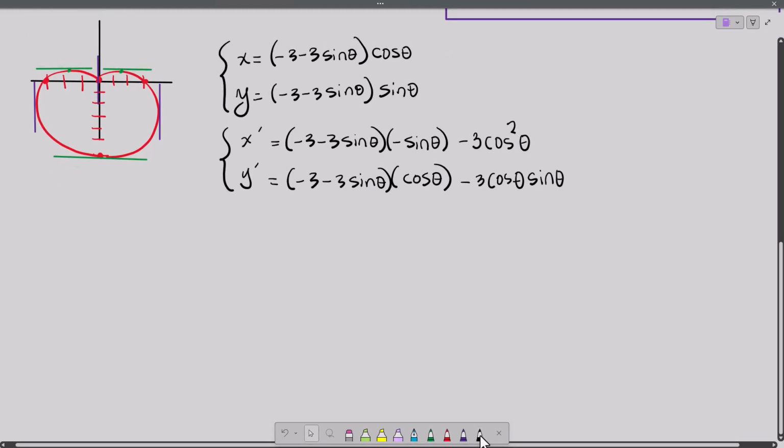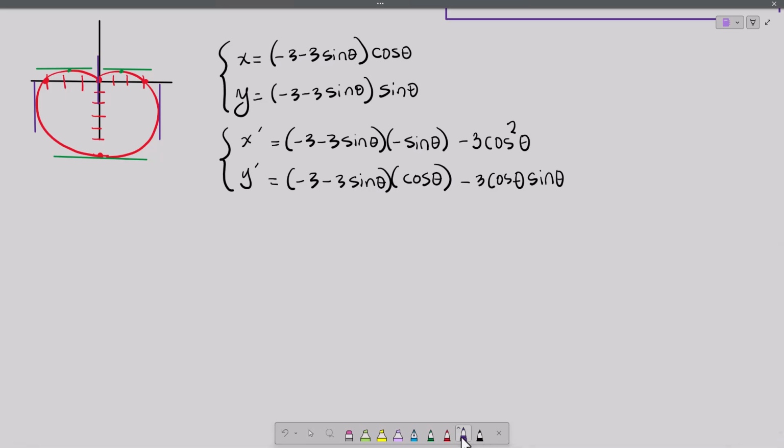So let's set x prime. So x prime is the denominator. So when x prime is 0, that's targeting horizontal asymptotes. Did I say that right? No. When x prime, which is in the denominator, is 0, when the denominator is 0, we're targeting vertical tangents, because when the denominator is 0, we have an undefined derivative. So let's do x prime equals 0.